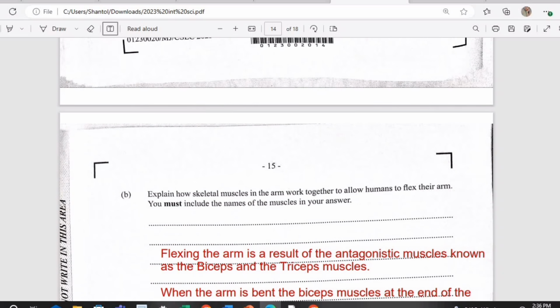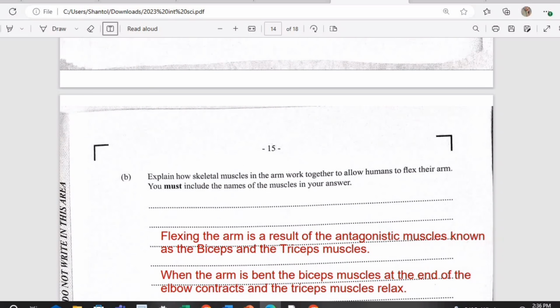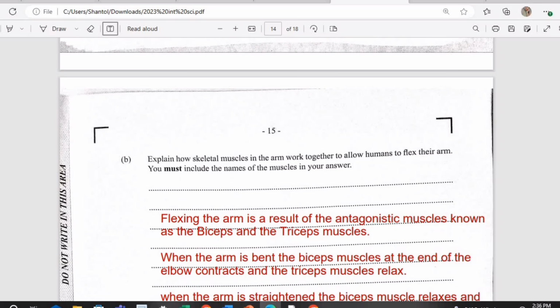So flexing the arm, and it also says you must include the names of the muscles. So 2 muscles must come to your mind, the biceps and the triceps. Flexing the arm is a result of the antagonistic muscles known as the biceps and the triceps muscles. When the arm is bent, the biceps muscle at the front of the elbow contracts and the triceps muscle relaxes.